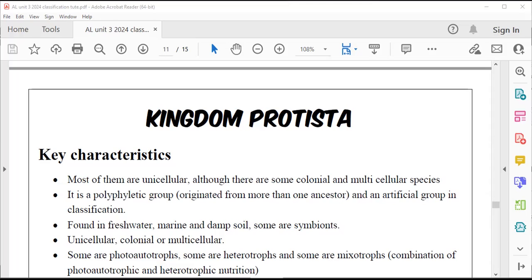This time an essay came in the 2022 paper. What is the essay? Have you gone through the 2022 paper? Anyone? Yes, sir. The first essay: an essay on meiosis. Correct? Yes, sir.